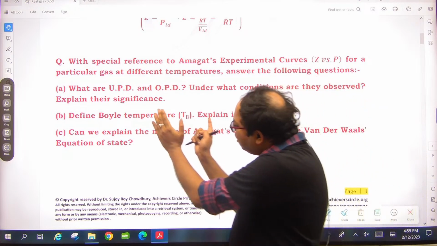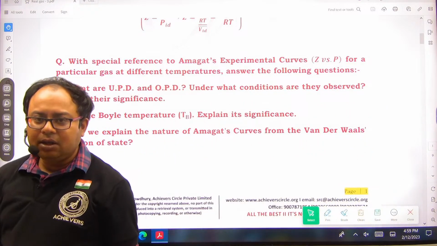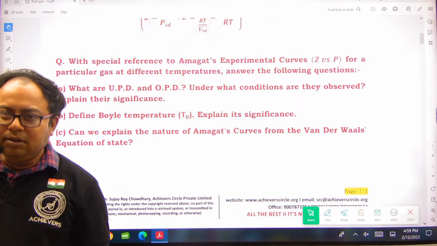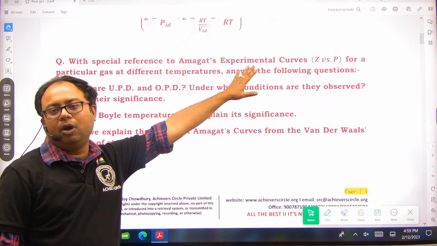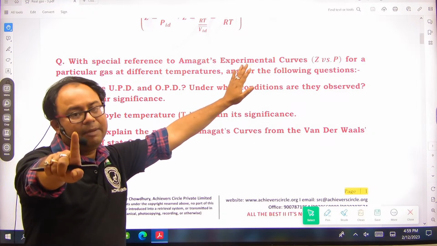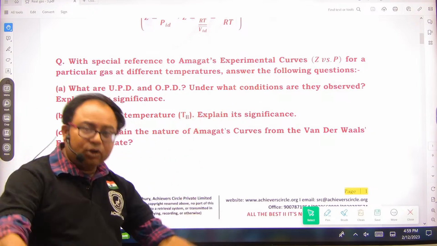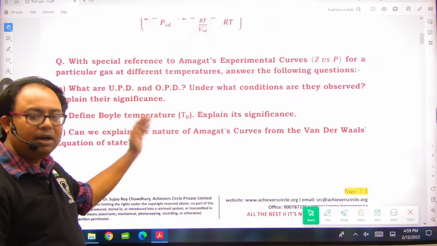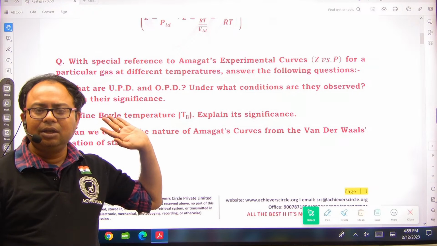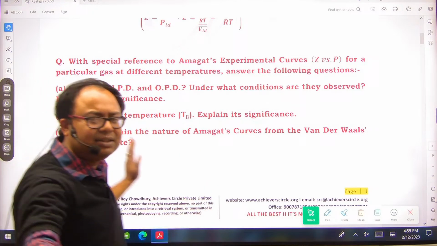Now we are not reading out these questions. Just we are making interpretation of the Amagat's plot, that too only type 1. In that course, eventually, you'll see that we have answered all these questions. So forget about these questions.